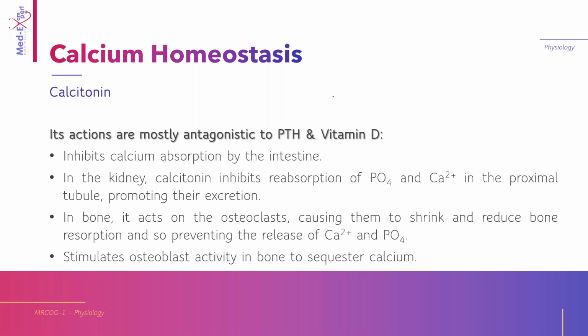And it stimulates the osteoblast to sequester the calcium inside the bone. So all of the actions of calcitonin are in the direction of lowering the levels of calcium in the blood.